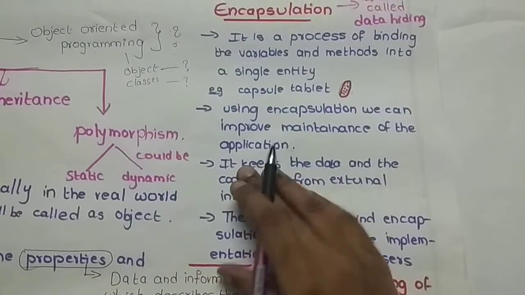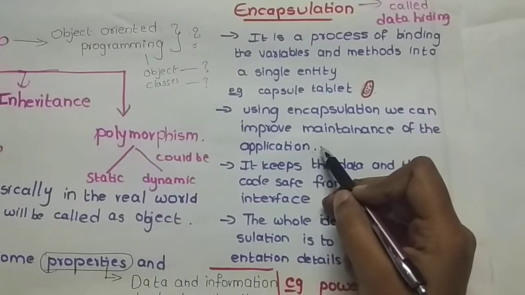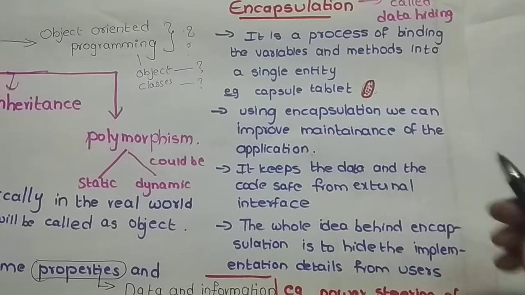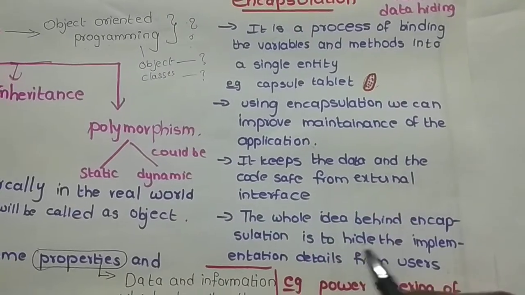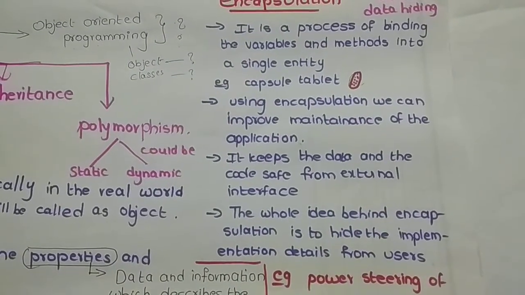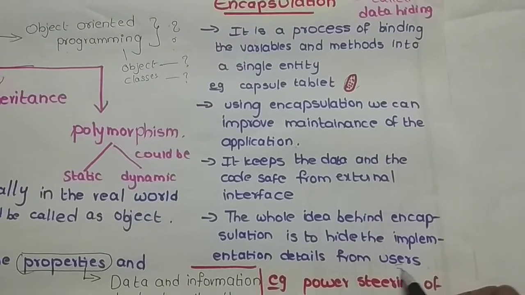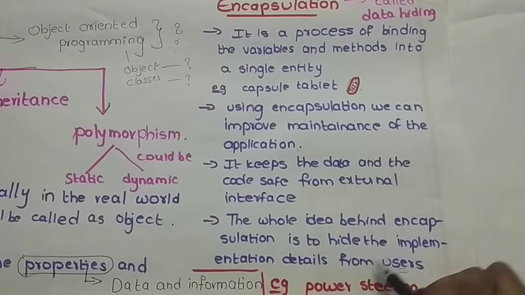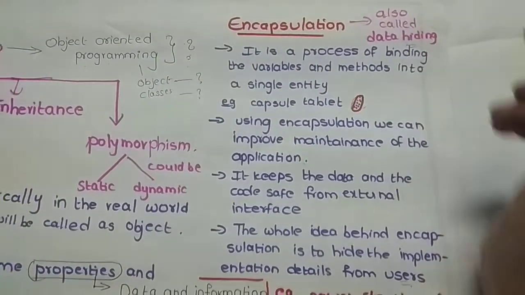Using encapsulation, the main use is to improve the maintenance of the application. It keeps the data and code safer from external interference. The whole idea behind encapsulation is to hide the implementation details from users. So hiding implementation details from the user is also called data hiding.